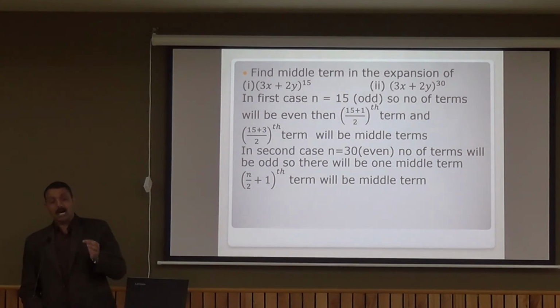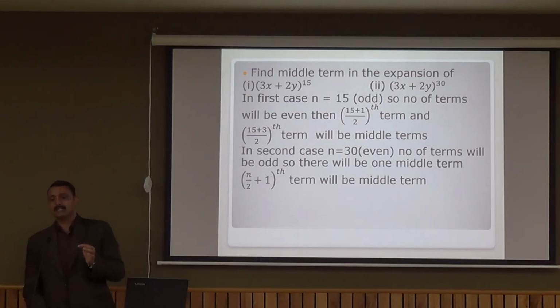Now we come to how to find the coefficient of a given term in the expansion of the binomial. I ask about (2x + 3y)^18. In the expansion of this, if I ask you for the coefficient of x^6 y^3, how do we find the coefficient?